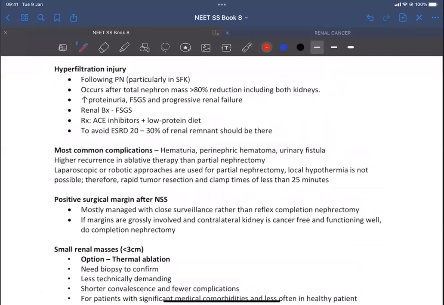So what is hyperfiltration injury? It's essentially the spare kidney or the normal kidney being overworked, and it can cause increased proteinuria and FSGS. Treatment for this, ACE inhibitors and low protein diet.